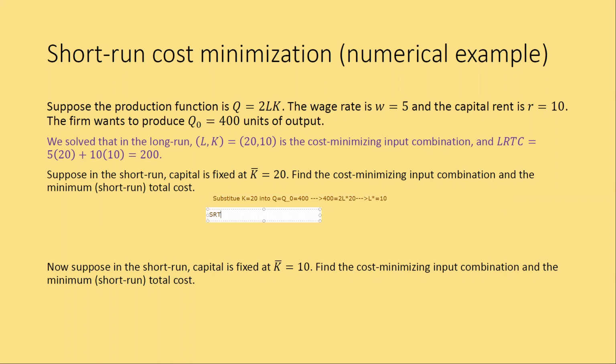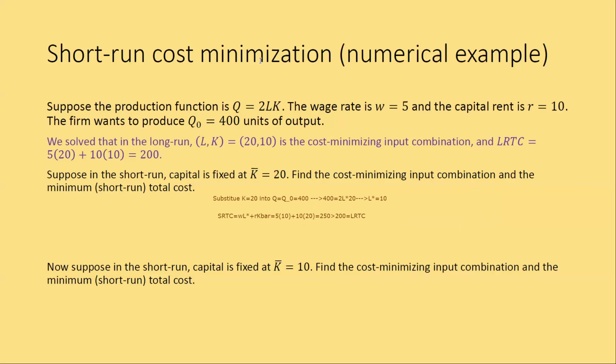So the short run total cost is W times L star plus R times K bar. It is going to be 5 times 10 plus 10 times 20. So in this case, it is 250. And we realized that this is larger than our long run total cost, which is 200, right? And if you were to draw the graph, it is the graph we drew on the previous slide.